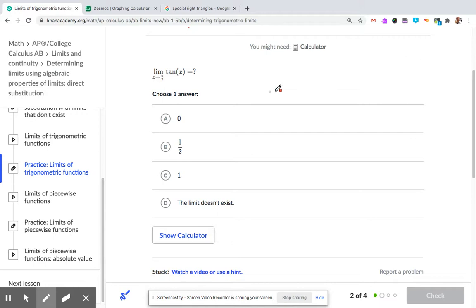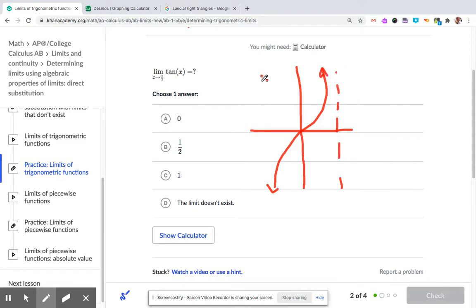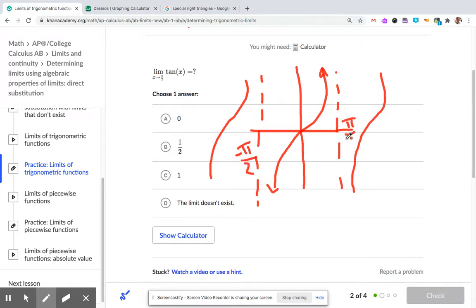Pi over 2 is 90 degrees, so for this one, I think about the tangent function. You have to have these kind of memorized in order to use whichever one's appropriate. This is negative pi over 2, and this is pi over 2 for the asymptotes.